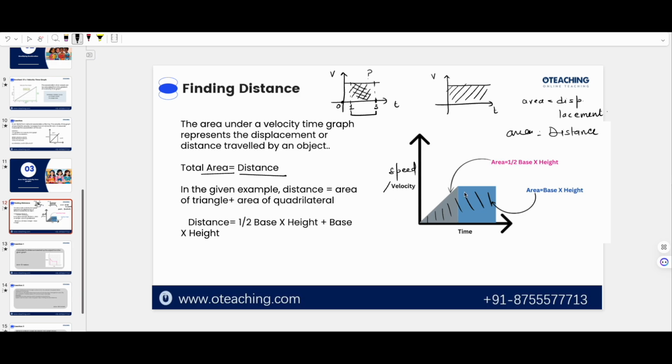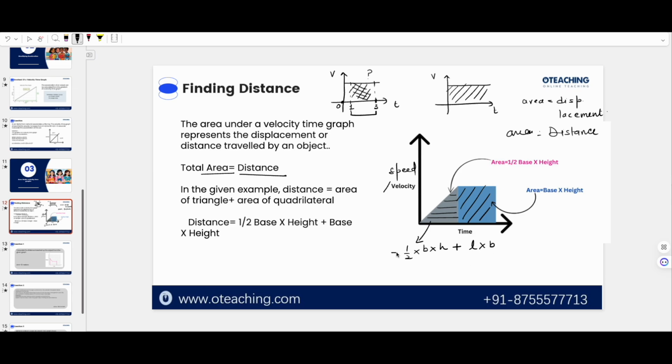Now, if I look closely at this structure, this area could be divided into two parts. One is a triangle, another is a rectangle, right? The area of the triangle is half times base times height, plus the area of the rectangle, that is length times breadth.